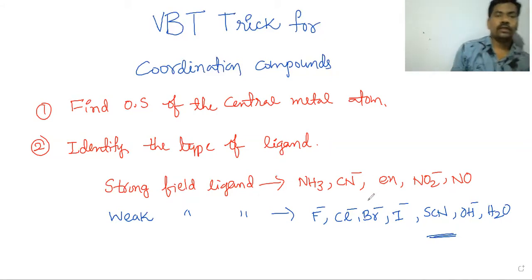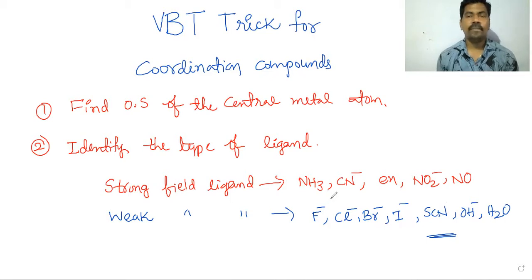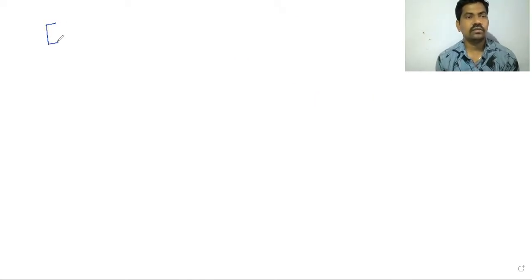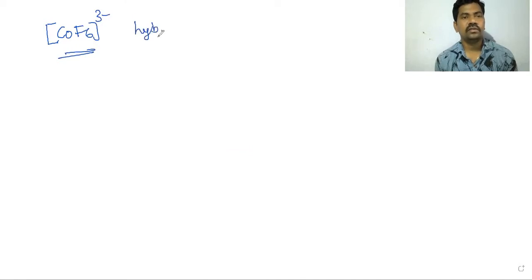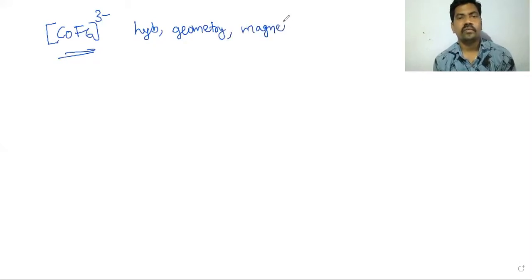Then how these ligands play an important role in the geometry or hybridization of the coordination complex. Let's take an example, CoF6 3 minus. Let's find the hybridization, geometry and magnetic nature of the compound.